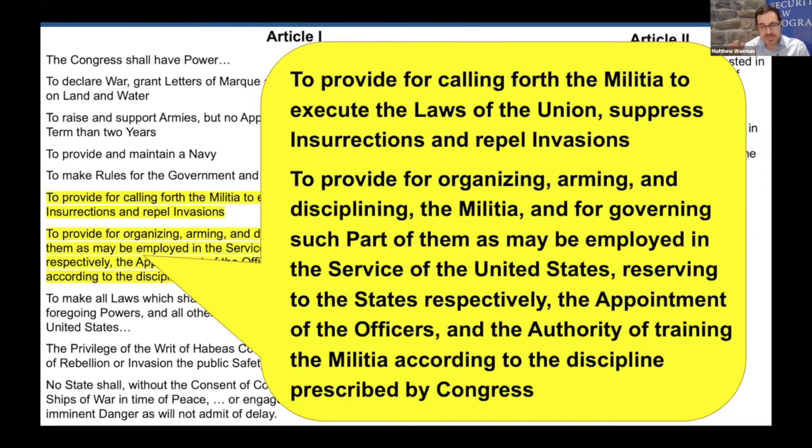Delegation of military powers is something I'll come back to later, because there was a lot of debate about the constitutional propriety of such delegations in the early years of the Republic. That's how it was exercised, though, through these very early militia acts.